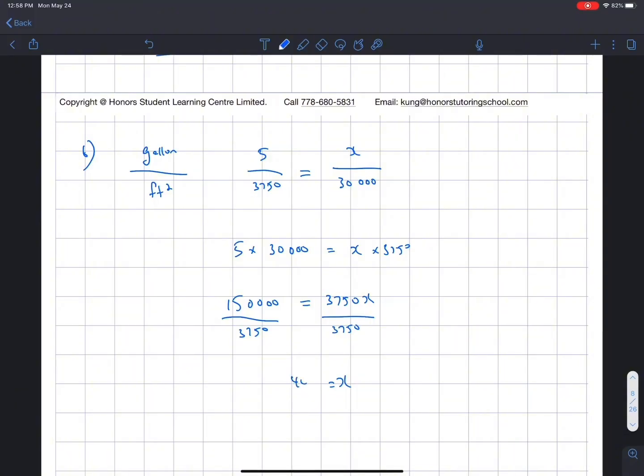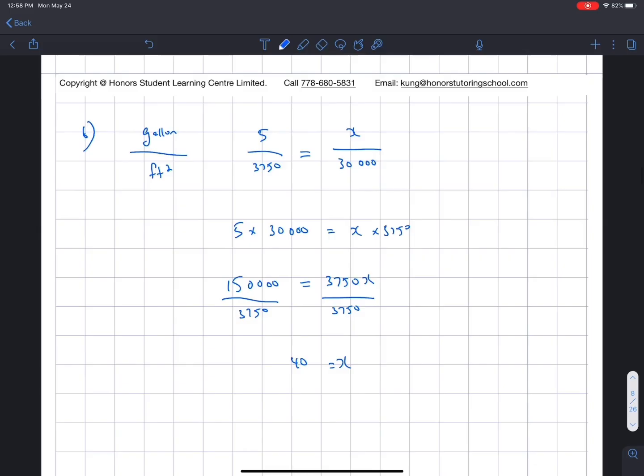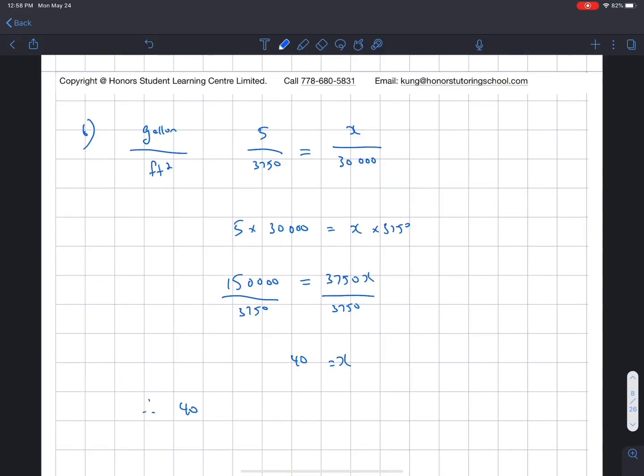So we need 40 gallons of paint is required.